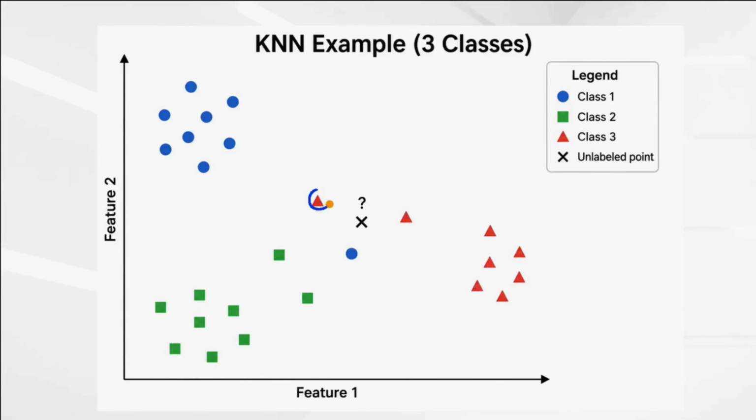What are these 5 points? I can have this 1, 2, 3, 4, and 5. So I can see that there is one blue, two red, and two green. So this has to be a tie between green and red. But if I see the distance, the red ones are more close to me. So obviously I can say that this point, the unlabeled sample, belongs to class 3. This is how we run the KNN algorithm.